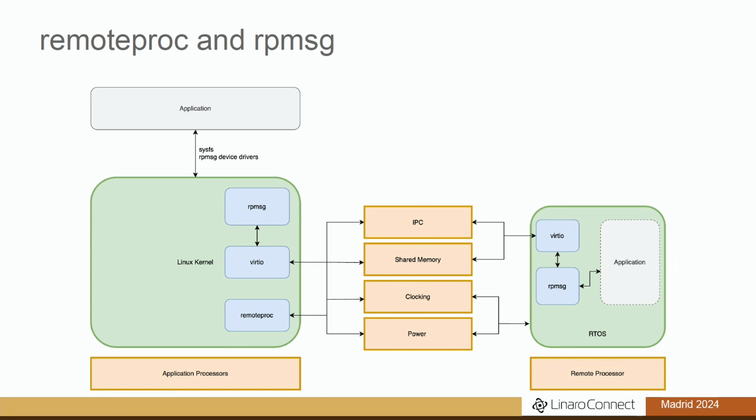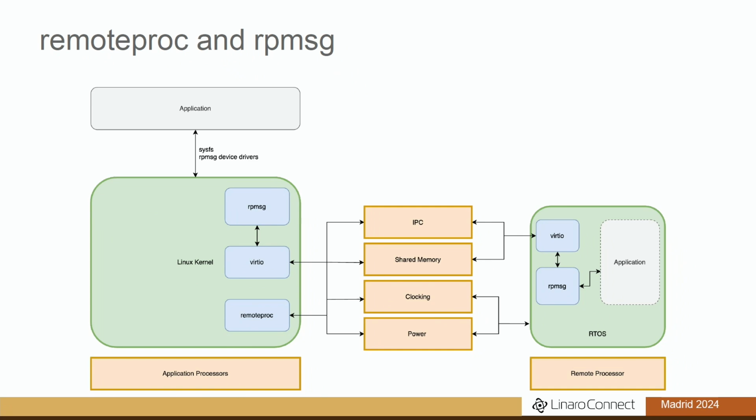Then RPMsg is built on top of virtio, again controlling the shared memory using IPC. And then on the remote processor side, you run your application. You can run your application within an RTOS, or the whole thing could be bare metal. You use RPMsg again to communicate.